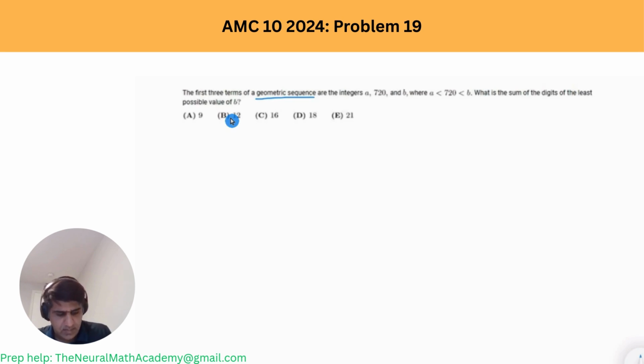Based on that, we can write the ratio of 720 to a equal to b over 720 because the common ratios are the same in geometric sequences. Now if I rewrite this expression, b is equal to 720 multiplied by 720 over a.